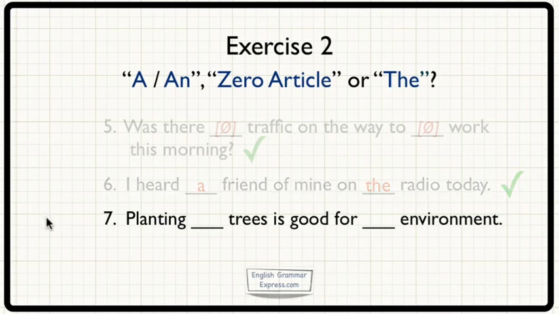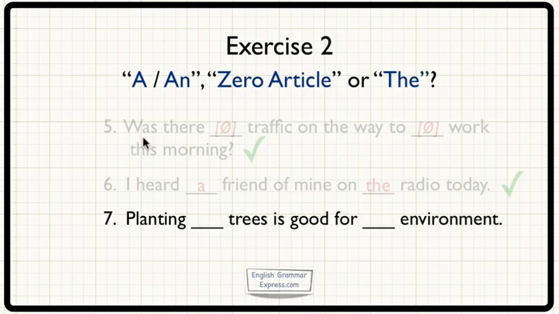Finally, sentence number 7. Planting something trees is good for something environment. Let's start with trees, which is countable plural. That means we can use either zero article for talking generally or the for talking about something in particular. In this sentence, we're talking about trees in general.